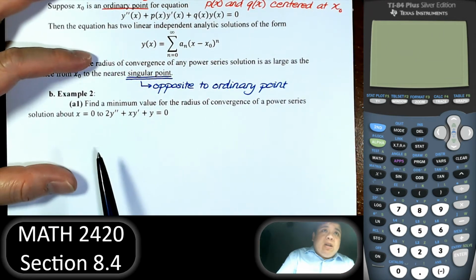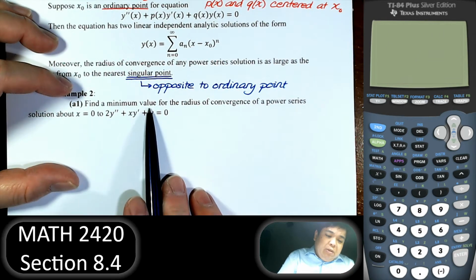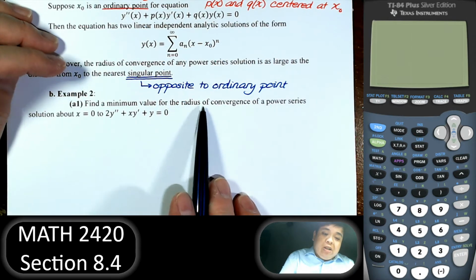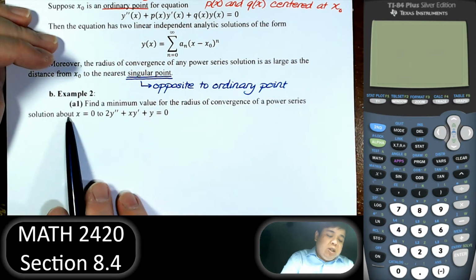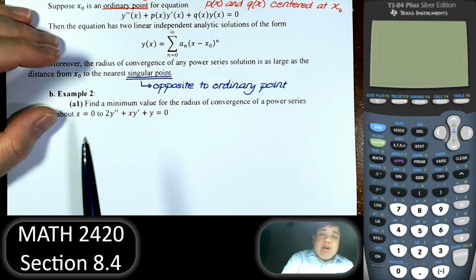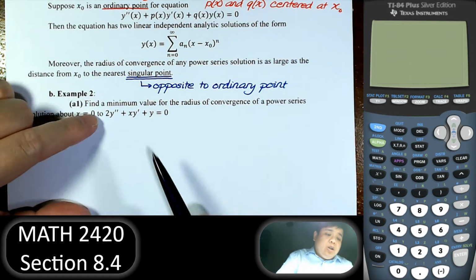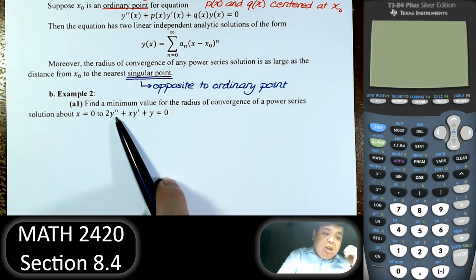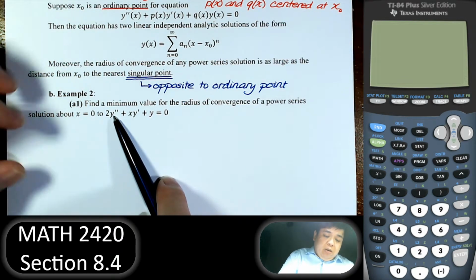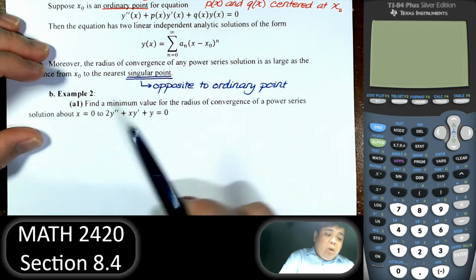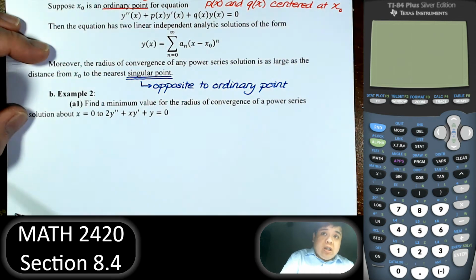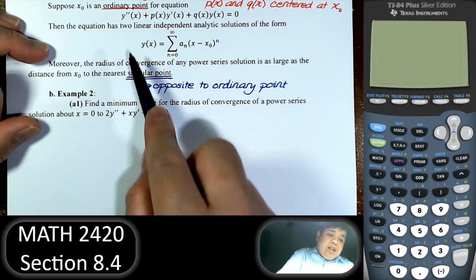Now let's look at the first example. Find the minimum value for the radius of convergence for the power series solution about x equal to 0. Right, first, in order to determine if this is an ordinary point or not, and the radius of convergence, we have to turn that into the right form.